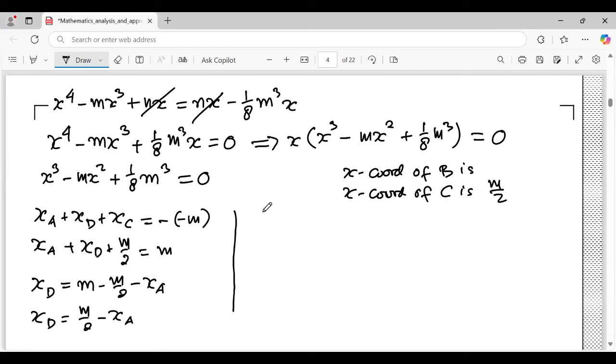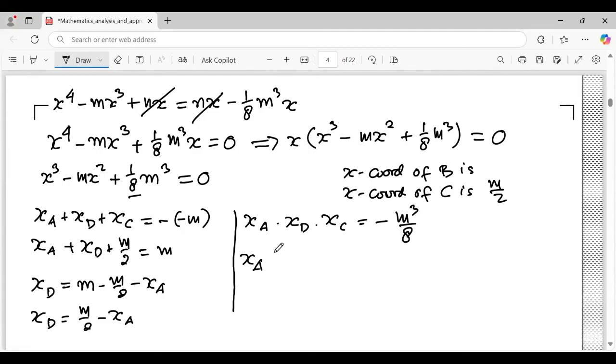The other rule says that x1 times x2 times x3 equals minus the coefficient of x to the power 0. So xa times xd times xc equals minus of this one, m cubed over 8.